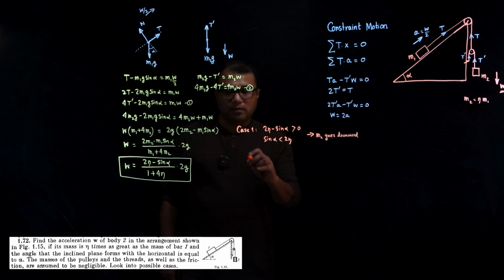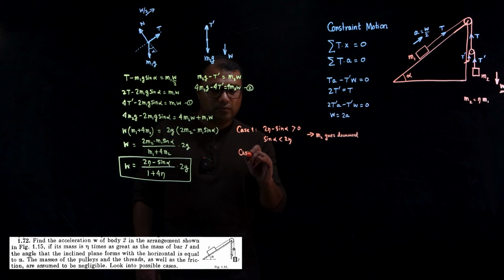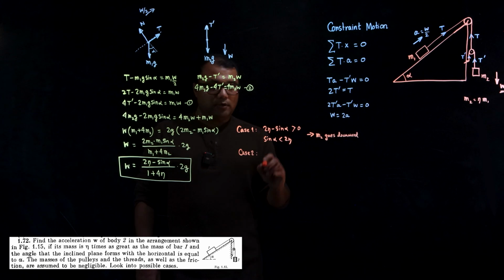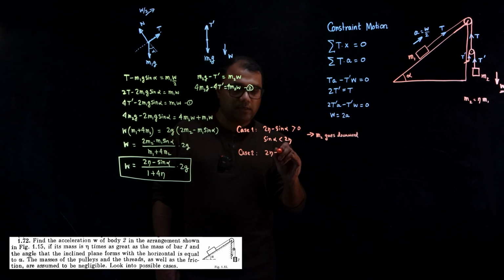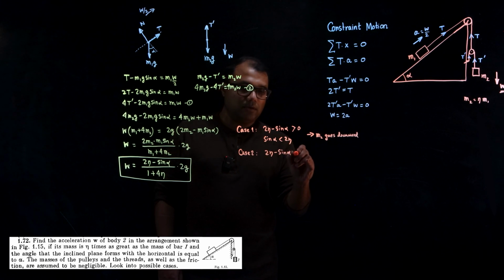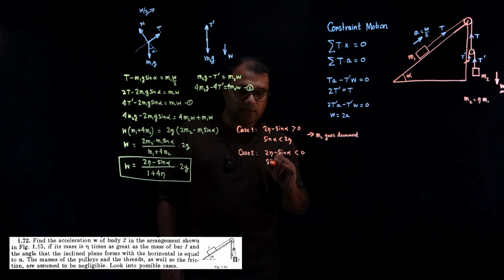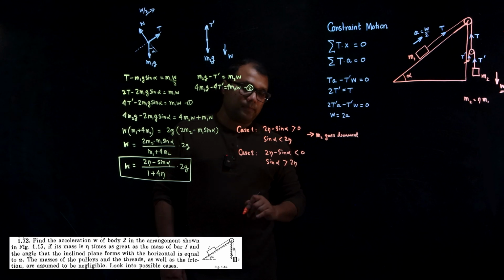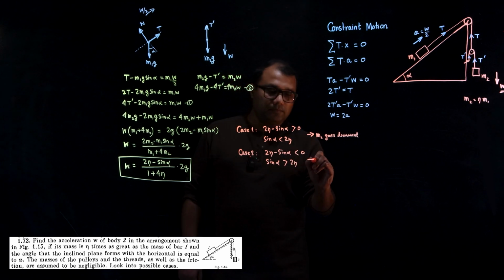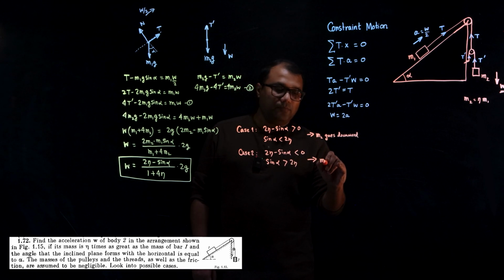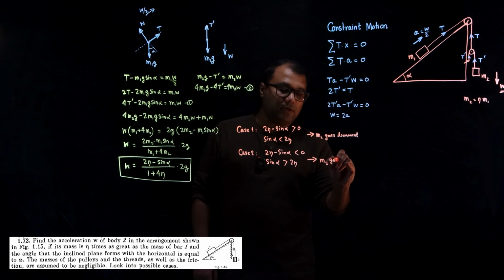Case 2, when 2 eta minus sine alpha is less than 0, or sine alpha is greater than 2 eta, then M2 goes upward.